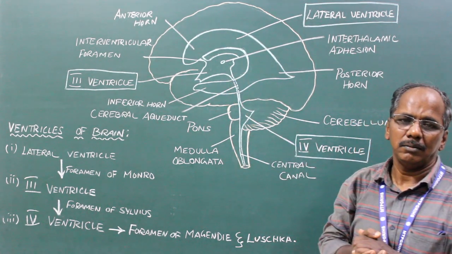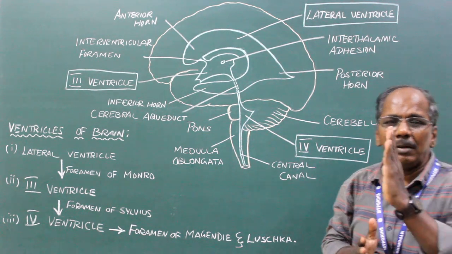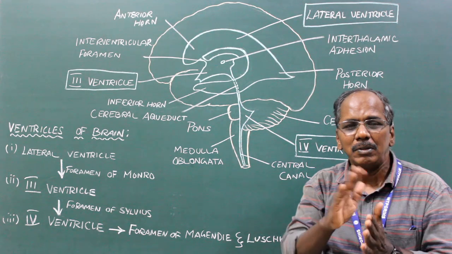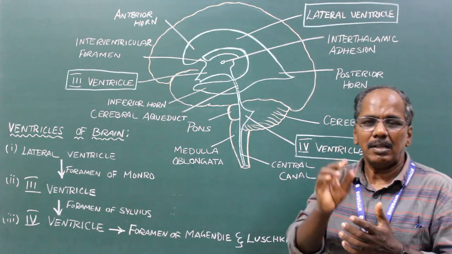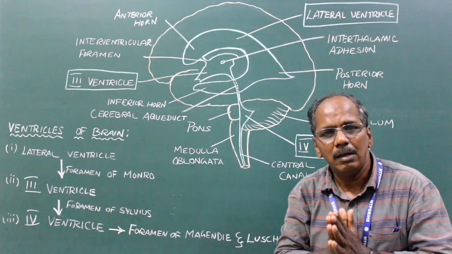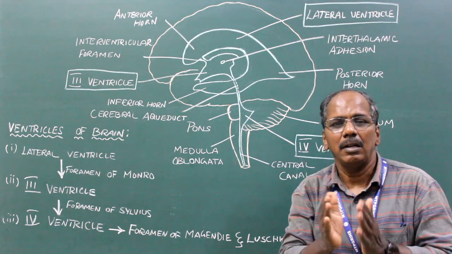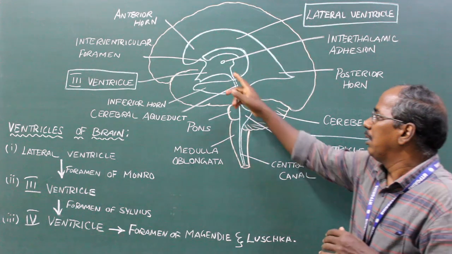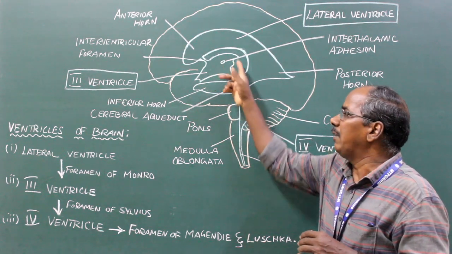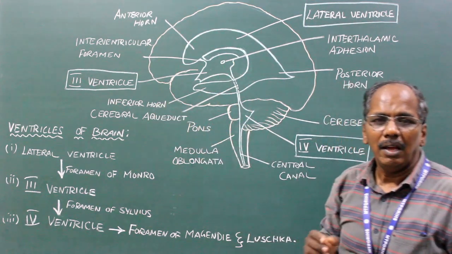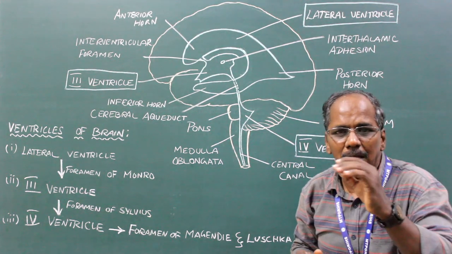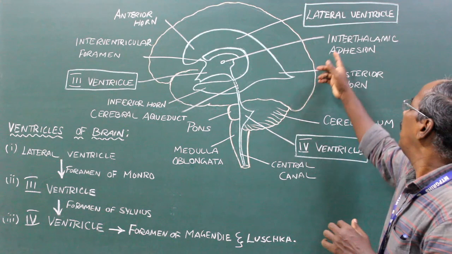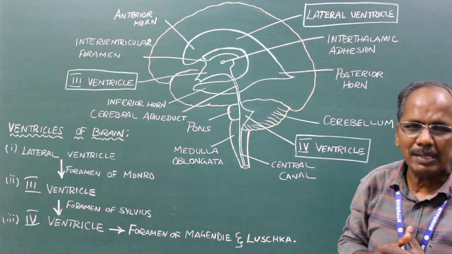3rd ventricle. It is a median cavity present between 2 thalami. That is, it is a median cavity present between right and left thalamus. The cavity of the 3rd ventricle is traversed by a mass of grey matter called interthalamic adhesion.